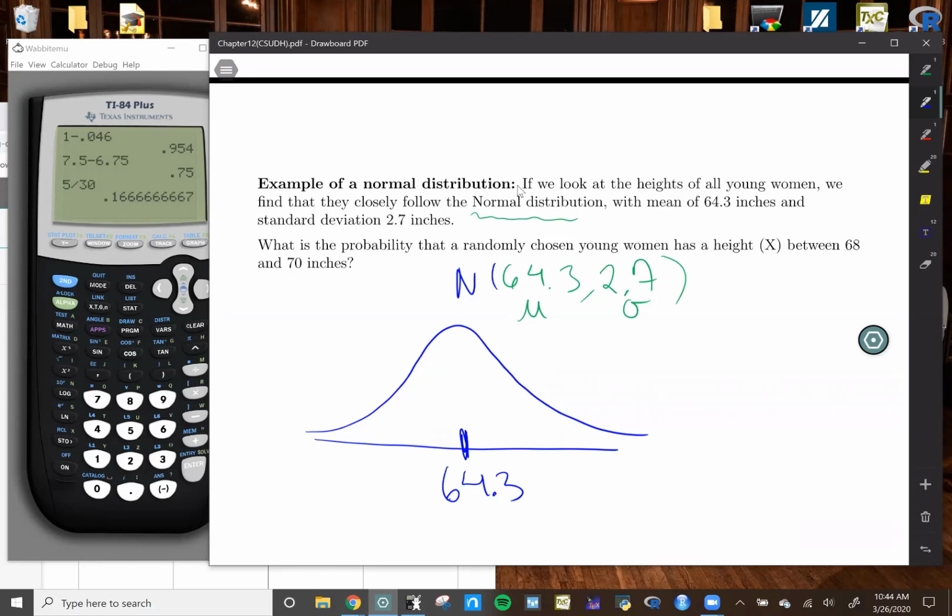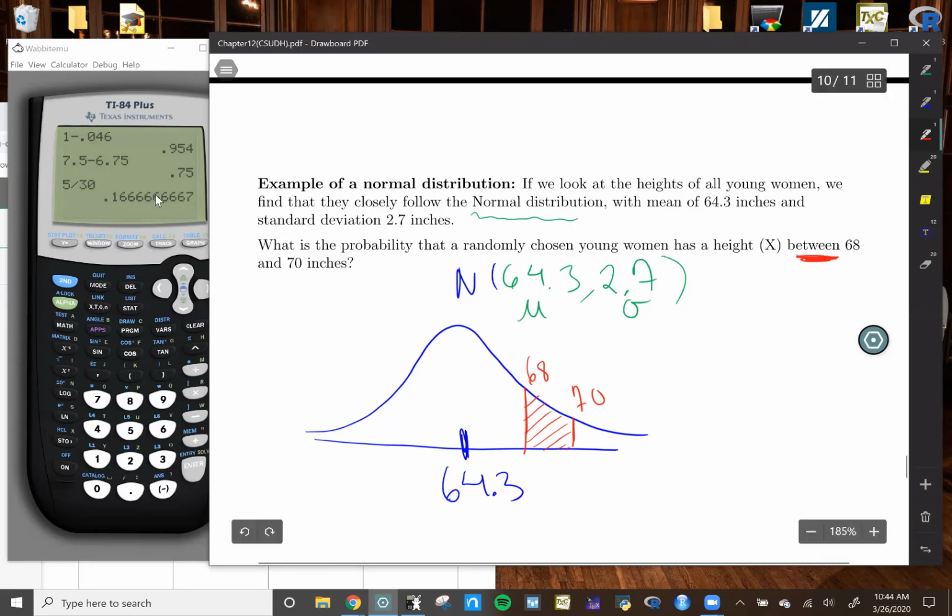So 68 is over here and 70 inches is over here. And it says between. Between means it has to be in the middle. So we want to find the probability of this area right here. Any questions so far on how I got that shaded area?